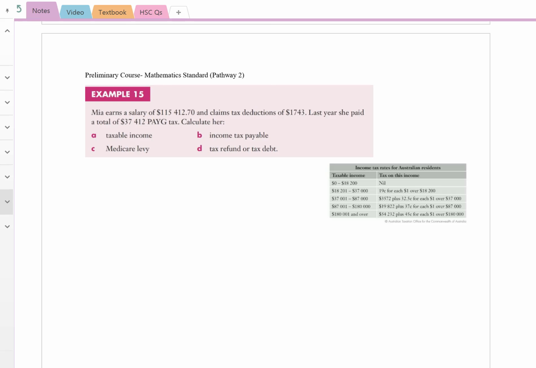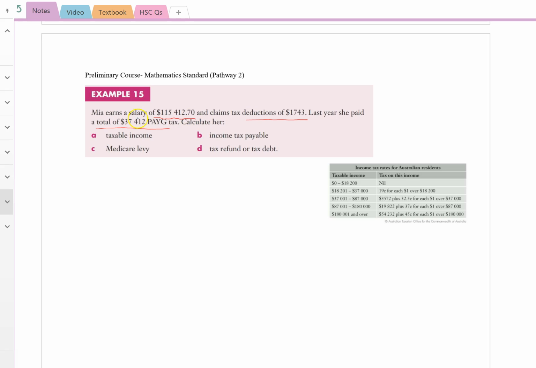Okay, let's have a look at this example, and hopefully everyone is now really well practiced at underlining the key pieces of information and beginning their solution with identifying those pieces of information. So let's do that.